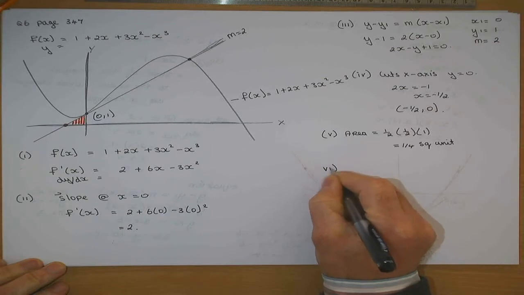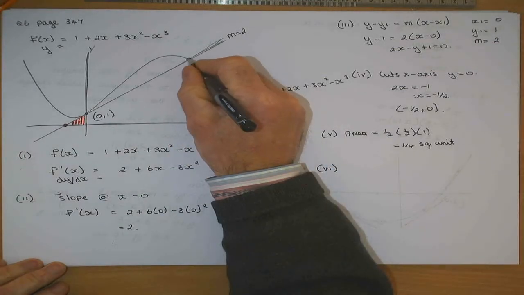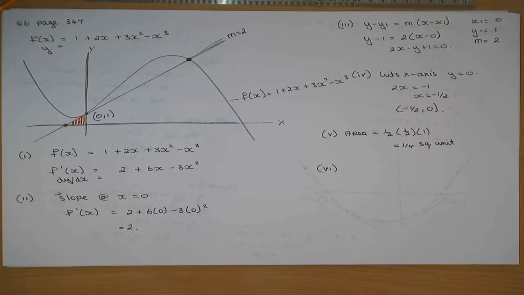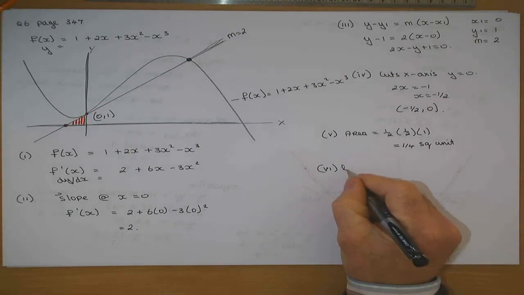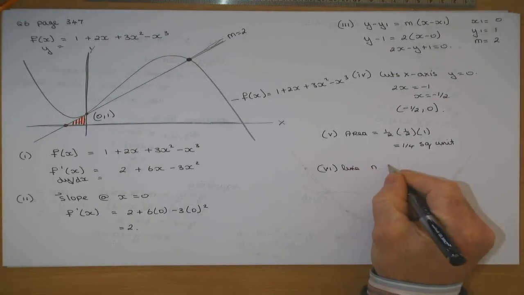And V1, they're looking for this point up here, where the line intersects that graph. How am I going to work out where the line intersects the graph?